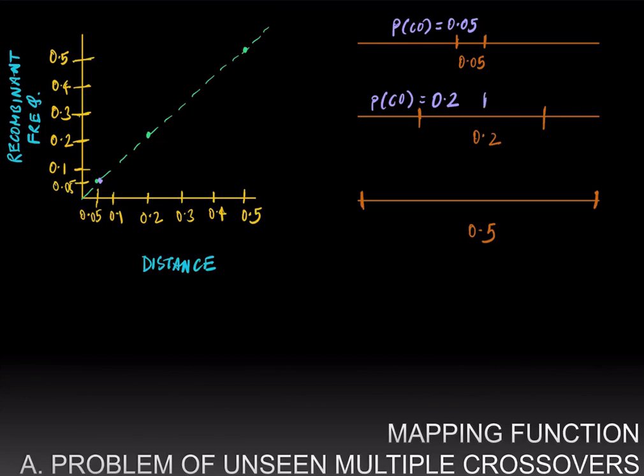Therefore, the actual recombinant frequency we will observe is going to be the probability of crossover minus the probability of double crossover, which is, by the product rule, 0.04.